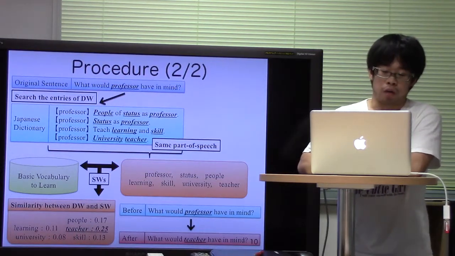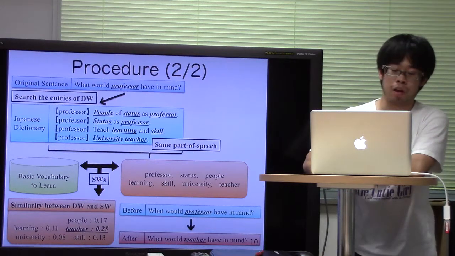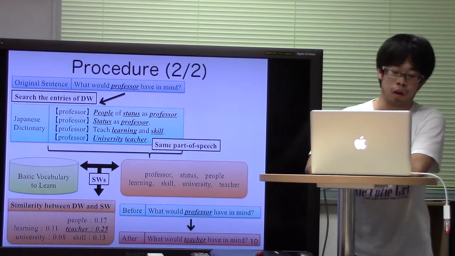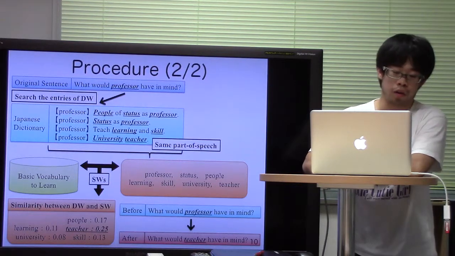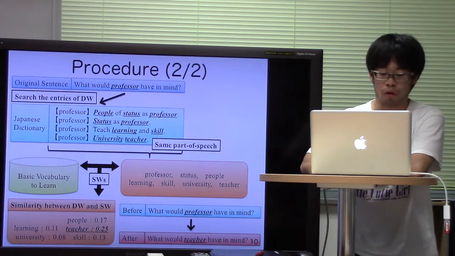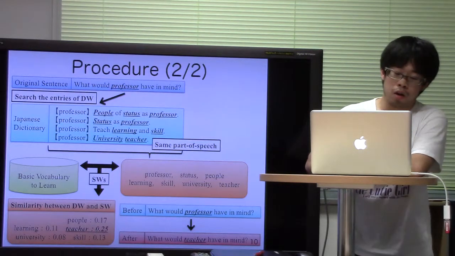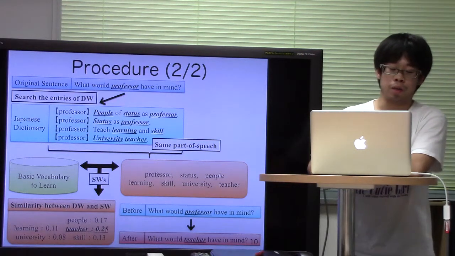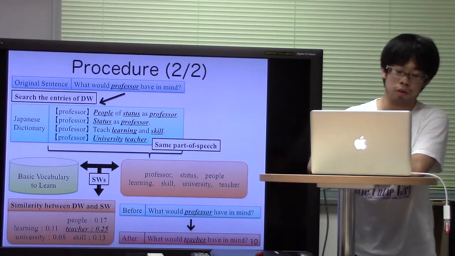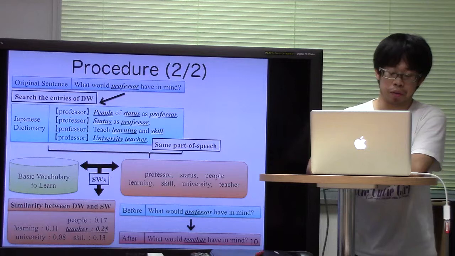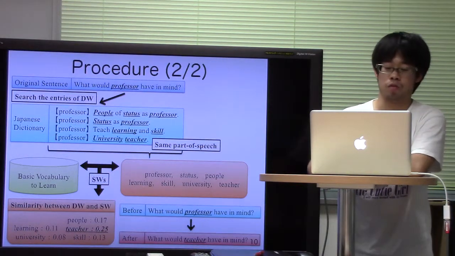Words are extracted from the definition statement if they are the same part of speech as the head word. And words are extracted as simple words if they appear in basic vocabulary to learn. We measure the similarity of meaning between difficult words and each simple word using Japanese WordNet, and select the one with the closest semantic match for the paraphrase.